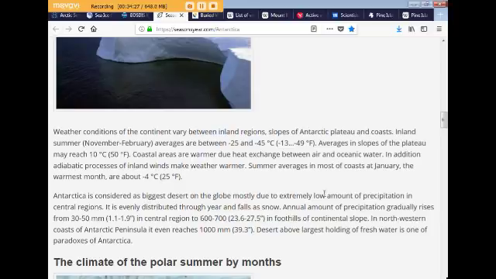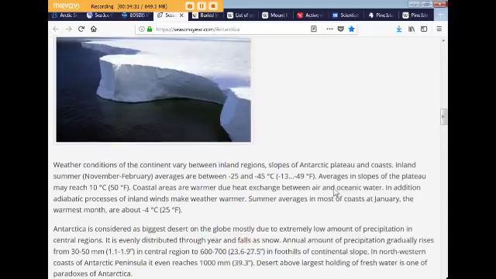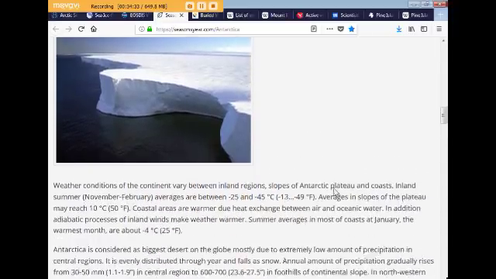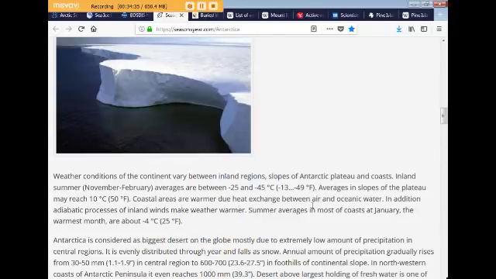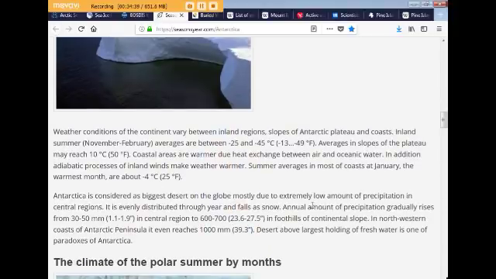And that's winter in the northern hemisphere. So summer is when it's the warmest, and during those times the sun is up almost constantly.